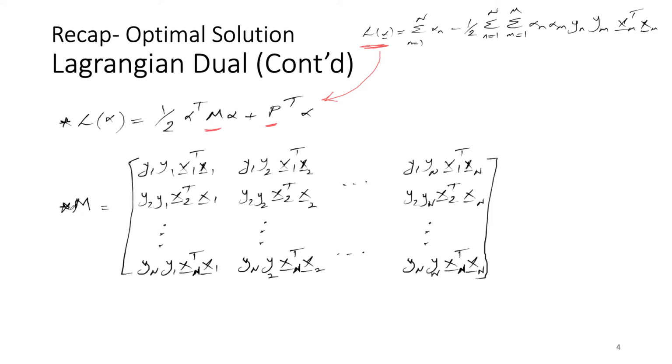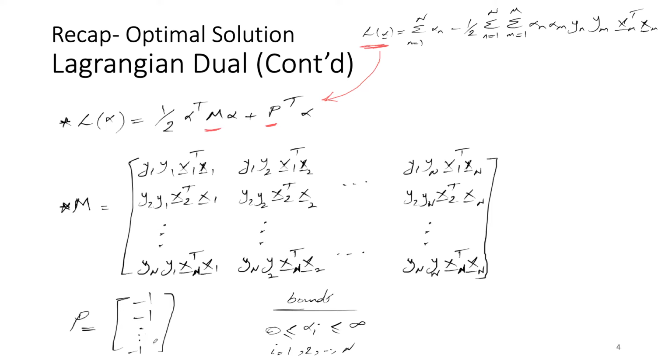So that was your M matrix, and your P was a bunch of minus ones, and the bounds for alpha, which is the optimal solution for that optimization problem, is from 0 to infinity, right, given this constraint. So that was the dual problem of the SVMs.